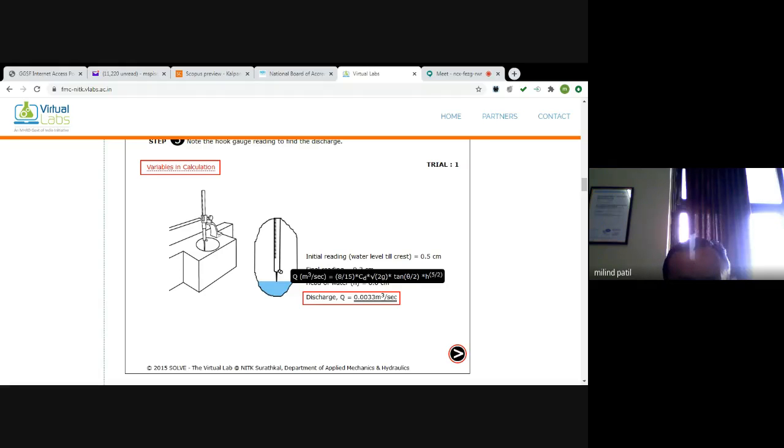Theta is the angle of measurement. H is the level difference of water, initial reading and final reading. That level difference is H. Substitute the values, you will obtain the discharge.